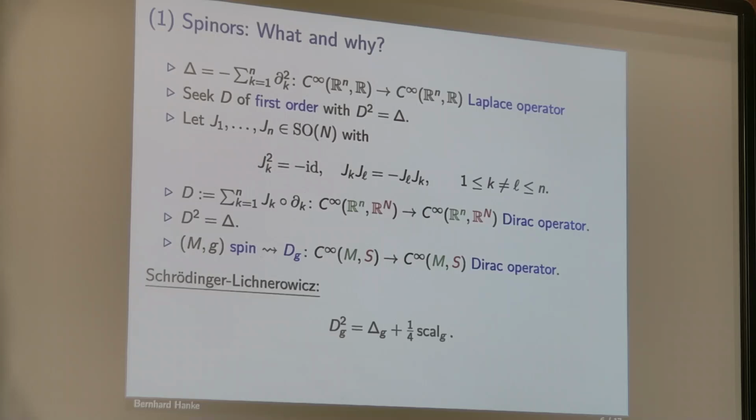This is a mathematical problem, and Dirac understood that it's not possible to do this for real valued functions, but it is possible to resolve this problem if you look at functions with values in R^N, where this big N is large compared to the small n here.